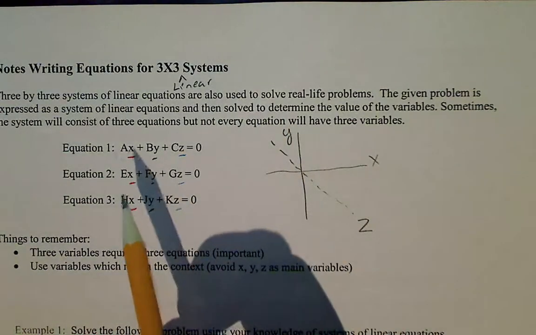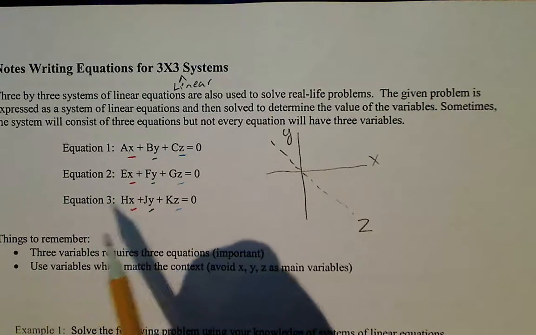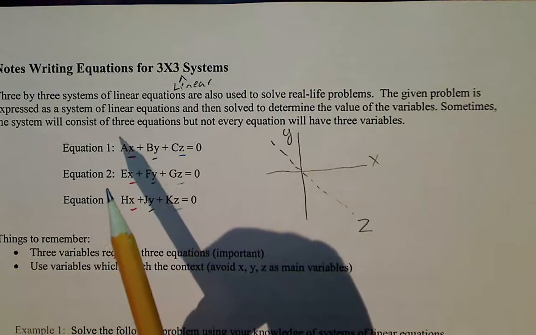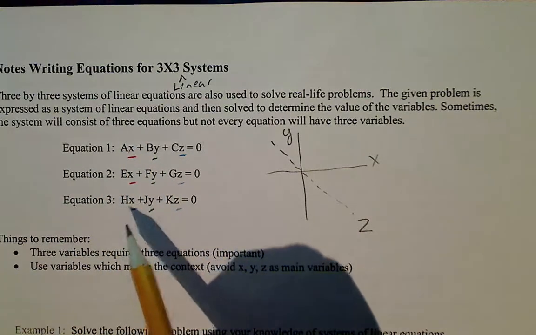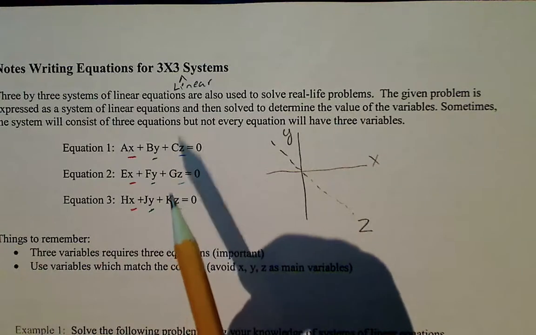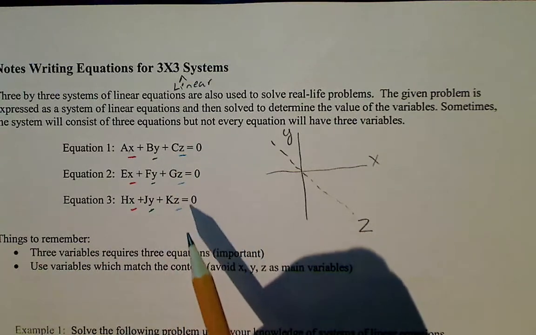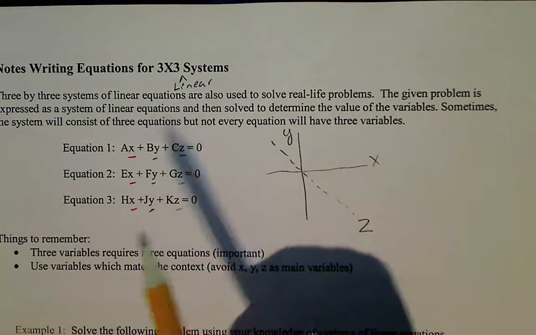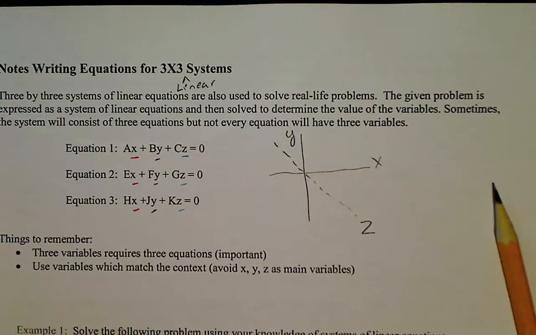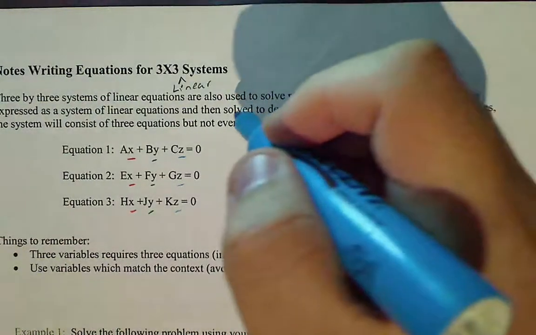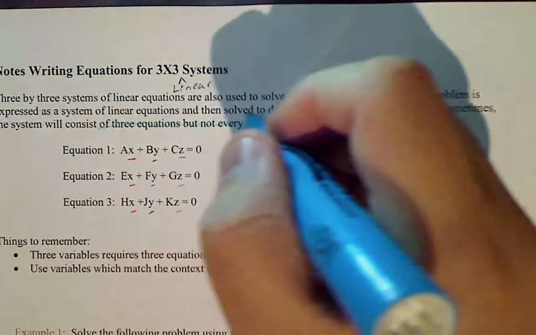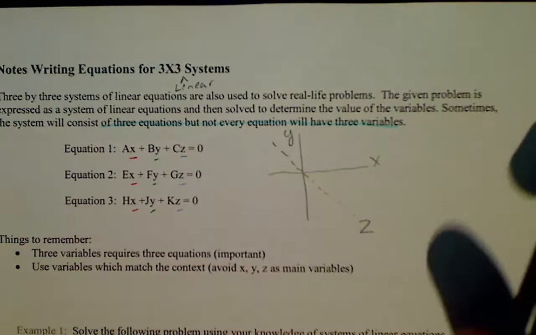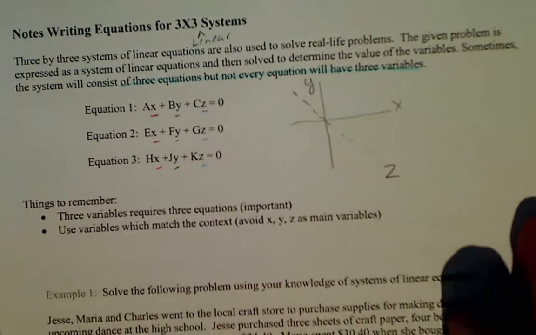A couple things you need to know. One, you'll have 3 equations, and you'll have 3 variables, hence the reason why it's called a 3x3 system. You have multiple coefficients that you probably need to find. Sometimes you'll have a value on this side, depending on what you're working with. And the most important thing to remember is this: you may or may not always have 3 variables named x, y, z.